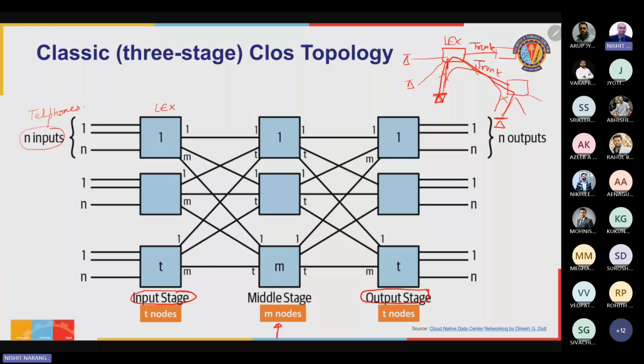Okay, so creating a connectivity network between the local exchanges on the input side and the local exchanges on the output side. That's what the middle stage is trying to do.